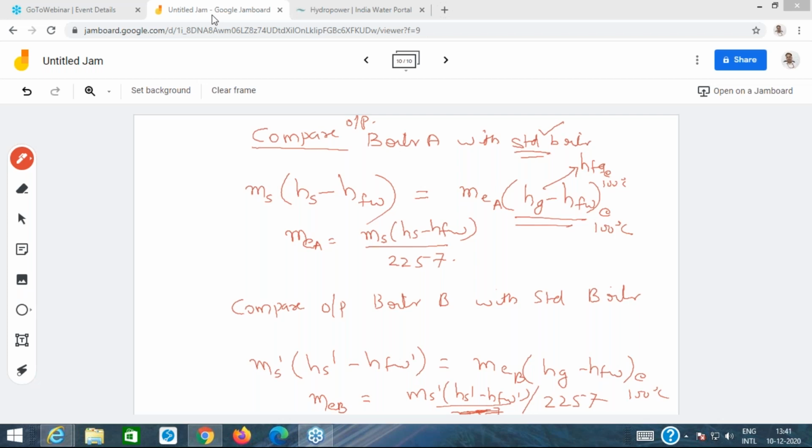The standard condition means how much steam that boiler would generate when it is made to operate at 1 atmospheric pressure, when the feed water entering that boiler is at 100 degrees centigrade, and that boiler generates dry saturated steam. How much steam would the boiler generate under equivalent conditions? What are those equivalent conditions?